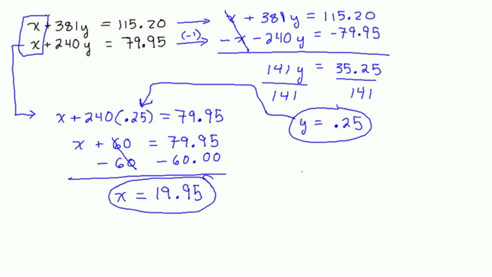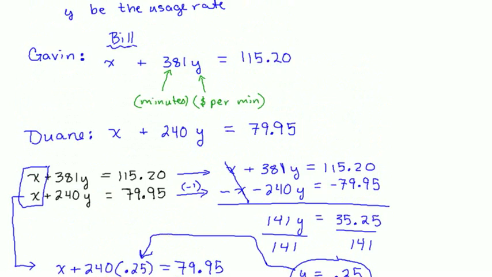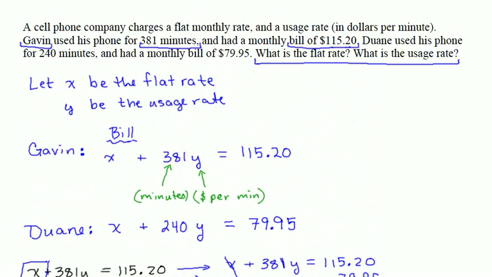I need to refer again to my variable definition to know what units to express these with and what they are. So x is the flat rate, so it looks like the flat rate is $19.95, and y is the usage rate, so it looks like my usage rate is 25 cents per minute.